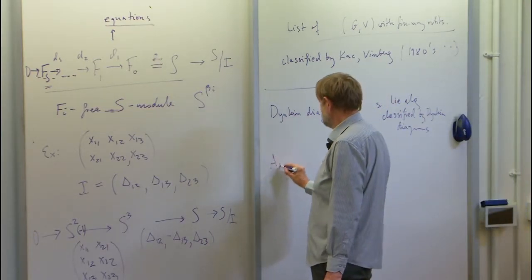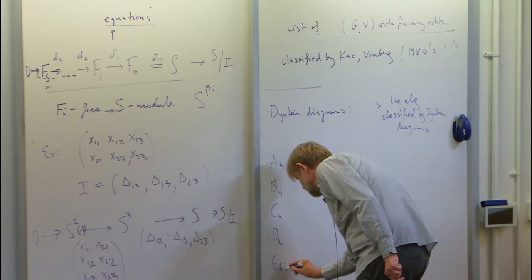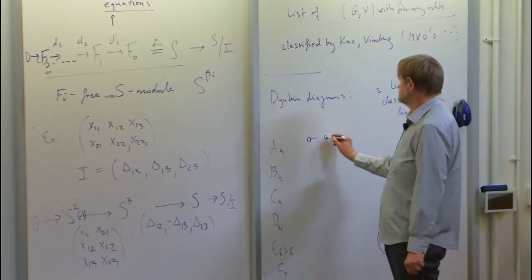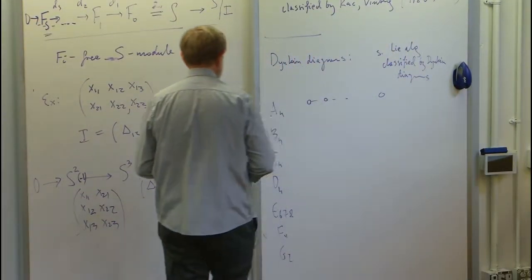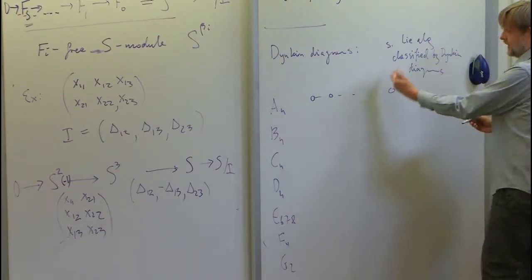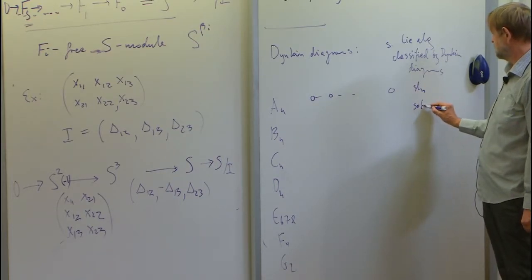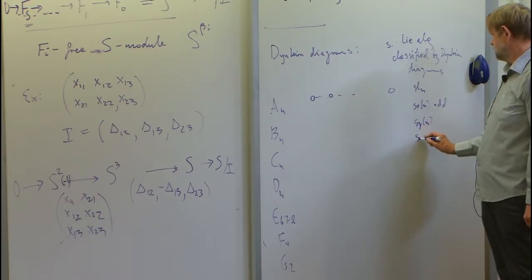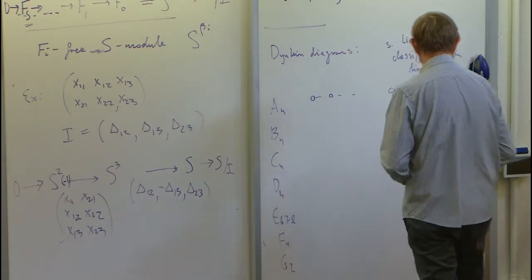So there are A_n, B_n, C_n, D_n, E6, 7, 8, F4, and G2. I don't want to write the list, everybody can look it up if you don't know it. Anyway, the corresponding Lie algebras would be the classical ones, SL_n, SO_n odd, Sp_n, SO_n even, for example, and then the others are quite exotic.